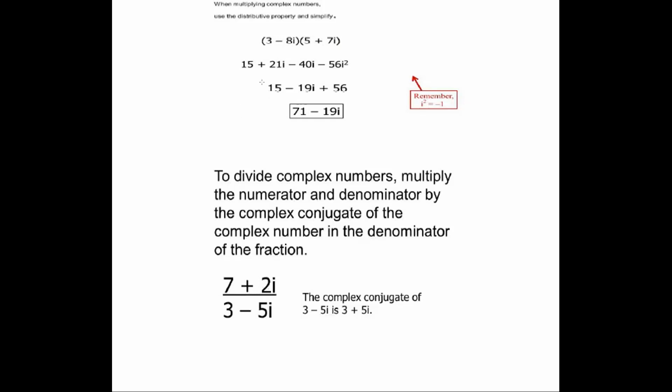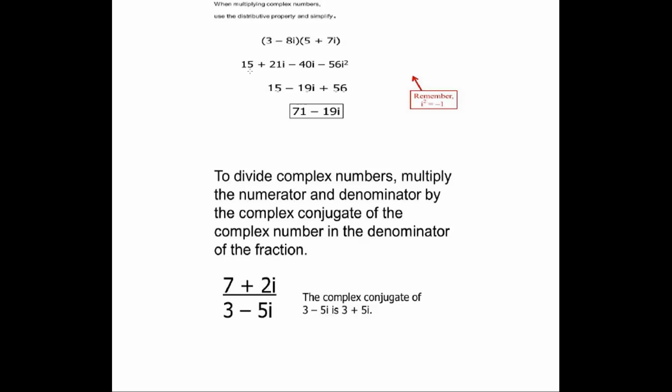Now we will write it out a little more. We can see that this is equal to 15, and 21i minus 40i will give you minus 19i. And as we know, i equals root of minus 1, so i square equals minus 1. So minus 56 into i square will be plus 56 here.